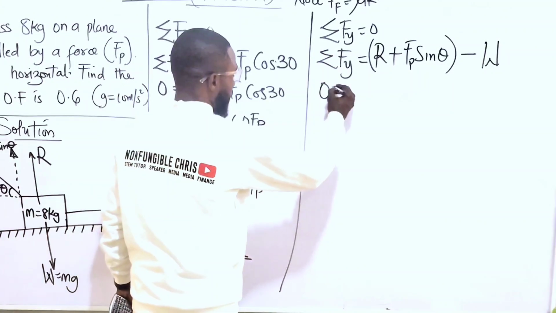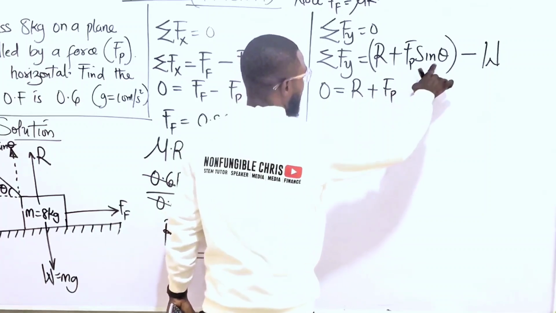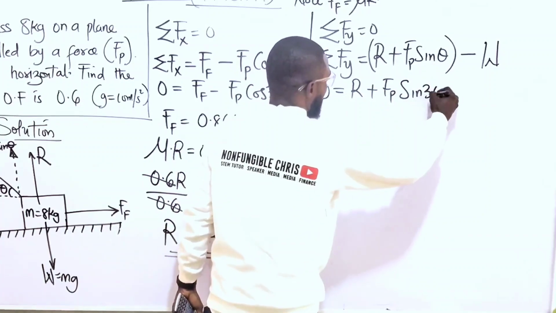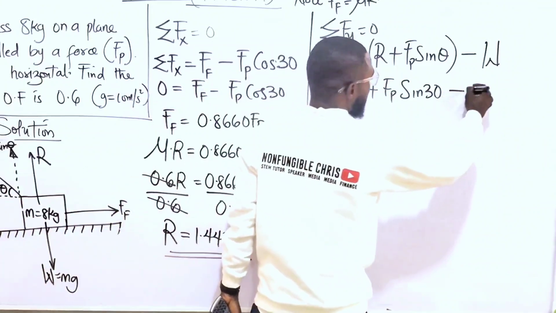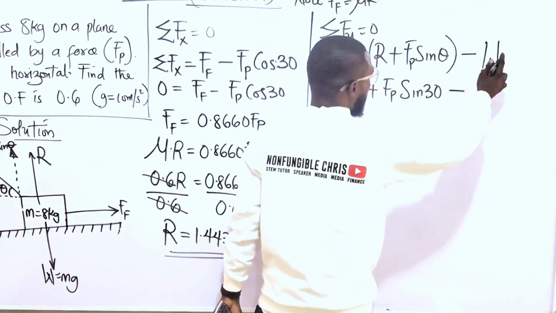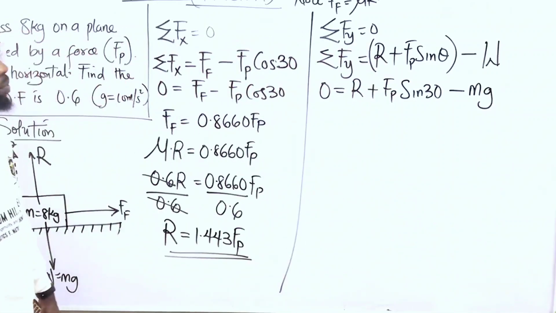That means 0 is equal to R plus Fp sin 30, because our angle here is given as 30, minus W. And we know that W is equal to mg, mass times acceleration due to gravity.